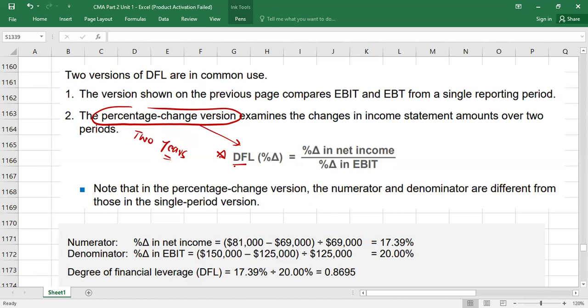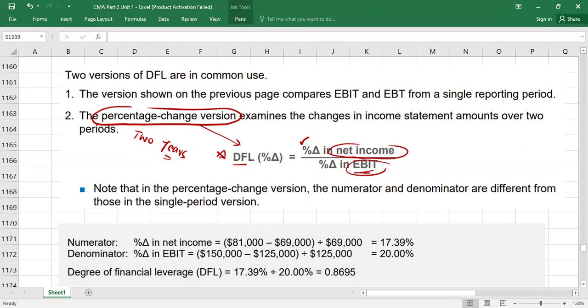Further things I'll discuss with the question, don't worry. So what is the formula? We need the percentage change in net income. Net income is the last item of the income statement. Divide by the percentage change in EBIT. Don't forget the formula. The numerator is the net income and the denominator is the change in EBIT.